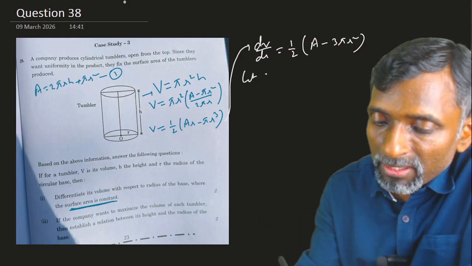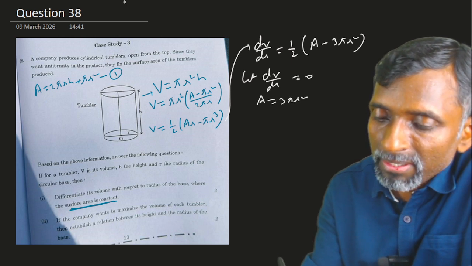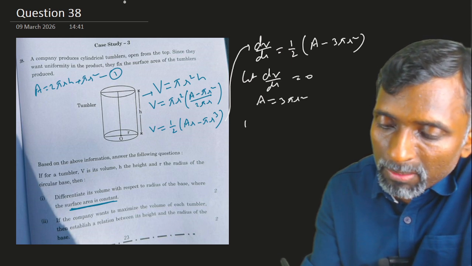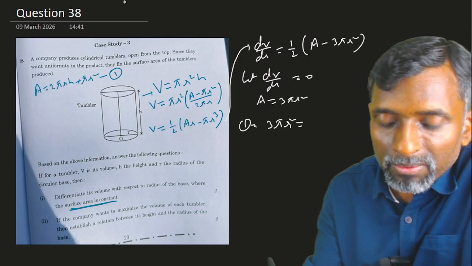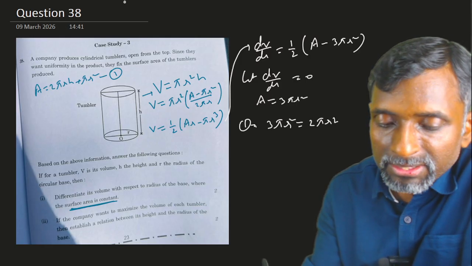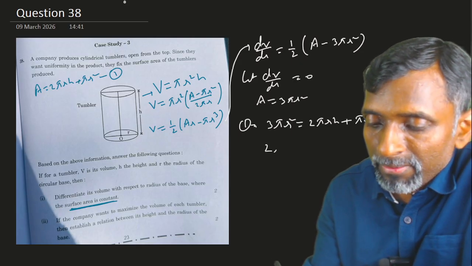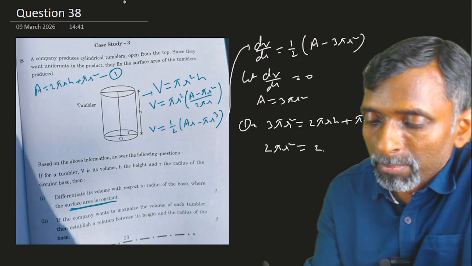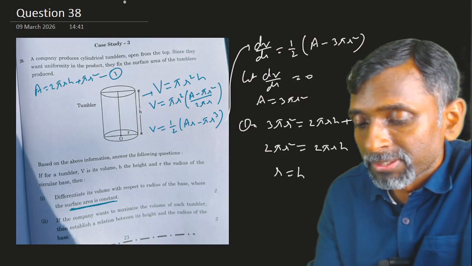To get the maximum, we can equate dV by dr with 0. So A is equal to 3 pi r square. And we can put this in equation number 1. So we can say 3 pi r square is equal to 2 pi rh plus pi r square. The answer is 2 pi r square is equal to 2 pi rh. So we can cancel 2 pi r, it is r is equal to h.